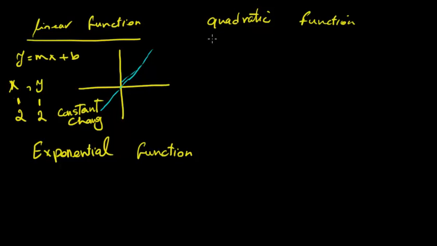Then we have our quadratic function where f of x equals to ax squared plus bx plus c, and this square means that for every changes that brings to this equation, we have the same amount change in the other side.